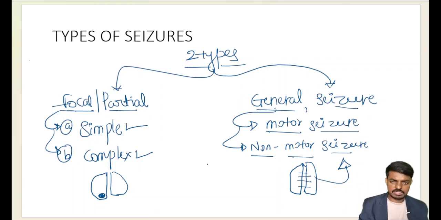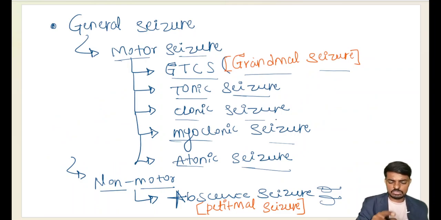So let me now discuss the generalized seizures. In generalized seizure, I have told there is motor seizure and non-motor seizure. In motor seizure, the first is the generalized tonic-clonic seizure, and after that we have tonic seizure, clonic seizure, myoclonic seizure, and atonic seizure. First I will discuss this very important, examiner's hot topic, the grand mal seizure or generalized tonic-clonic seizure.